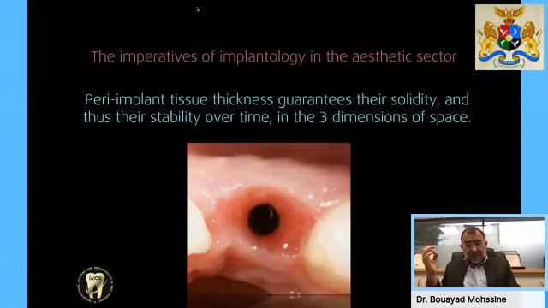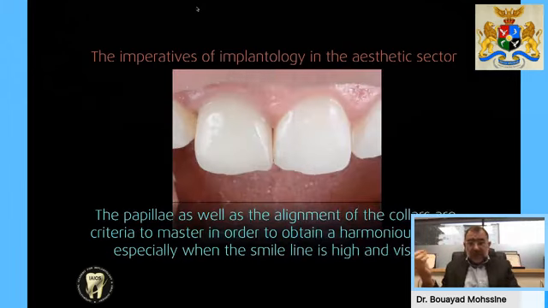The peri-implant tissue thickness guarantees this solidity and thus their stability over time in the three dimensions of space. The papilla, as well as the alignment of the colors, are criteria to master in order to obtain a harmonious smile, especially when the smile line is high and visible.